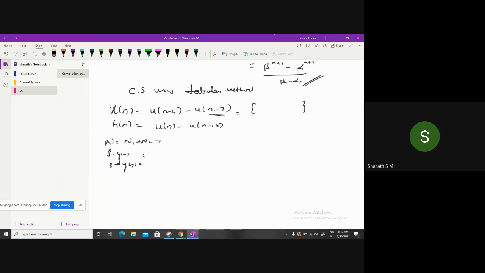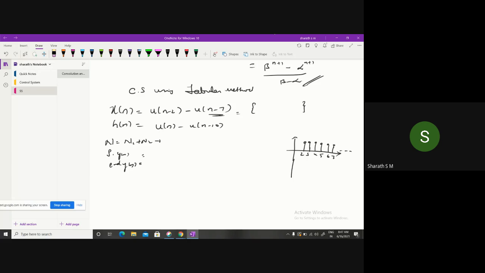U of n minus 2 indicates the signal starts from 2 to infinity: 2, 3, 4, 5, up to infinity.